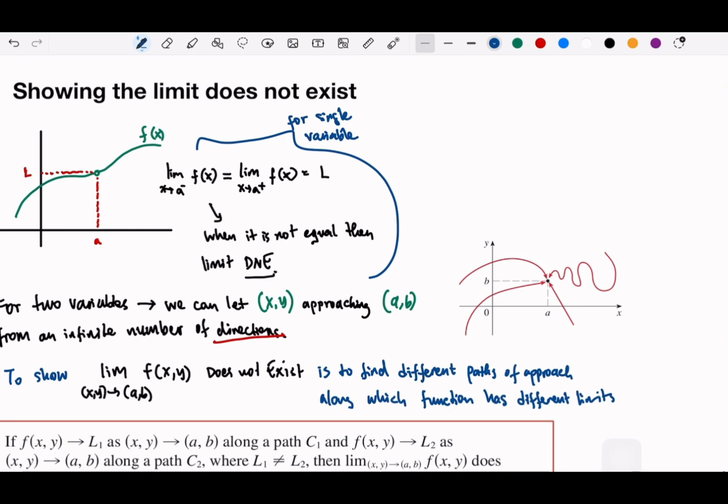Whenever we find that the value is different, we take several paths. Maybe y equals some constant, like y equals 0, easy to follow, or y equals 1, and then maybe y equals x, or y equals x squared. Whenever we find that between those we have different values, then the limit doesn't exist. But if all of them are consistent, the same value, we say the limit exists.